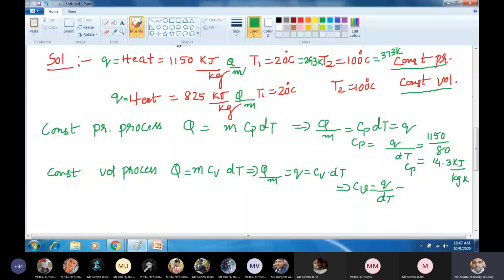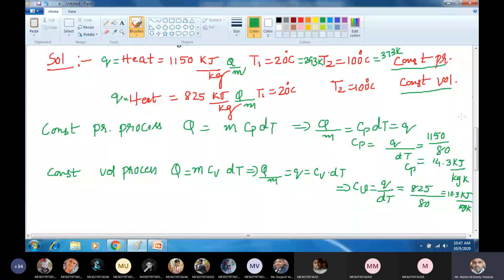But during the constant volume process, heat is only 825. There is no change in the temperature difference, the same value 80. What is this value? 10.3 kilojoules per kg Kelvin.